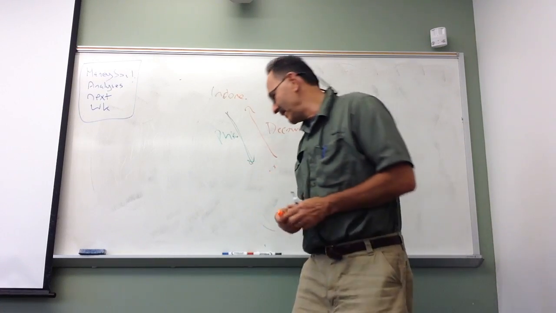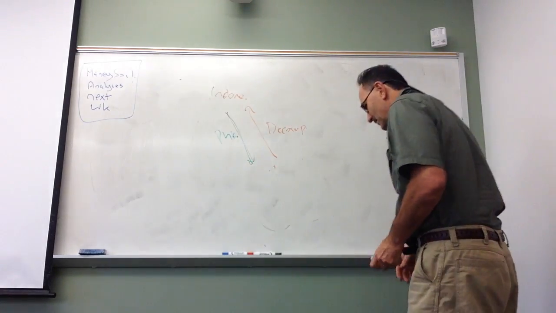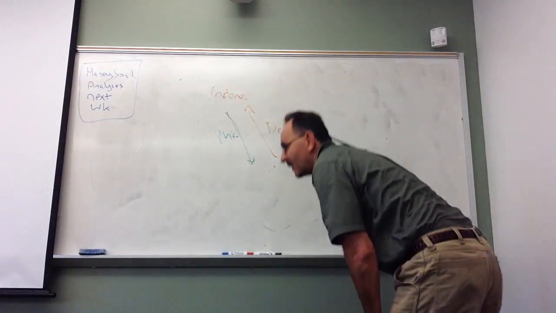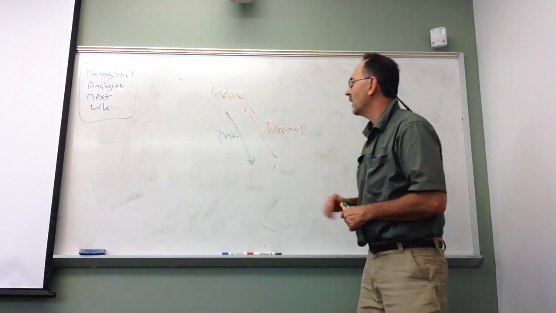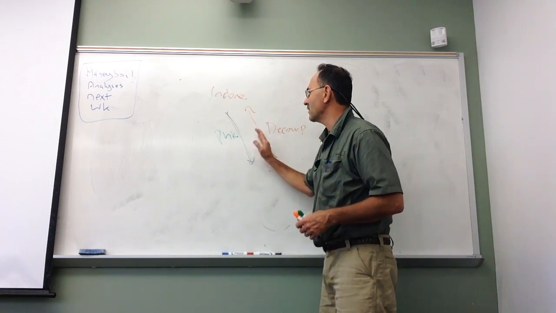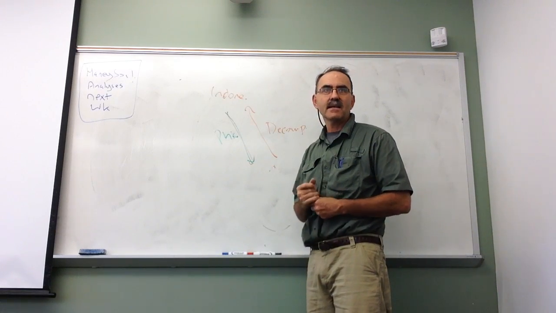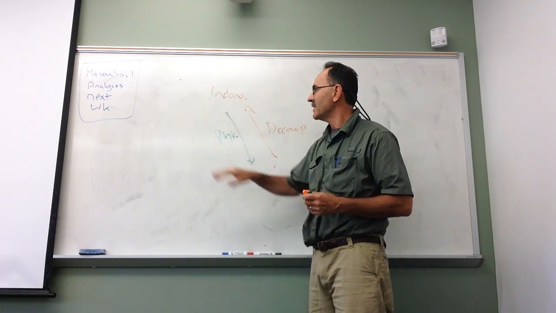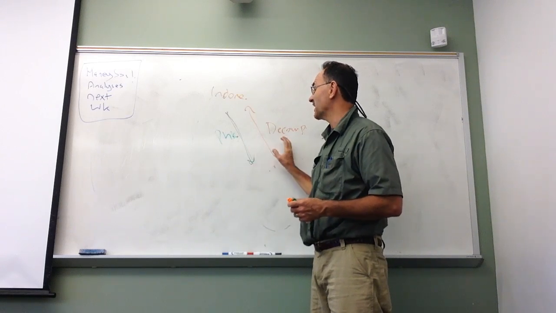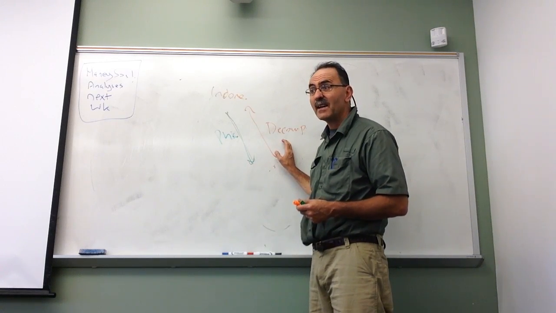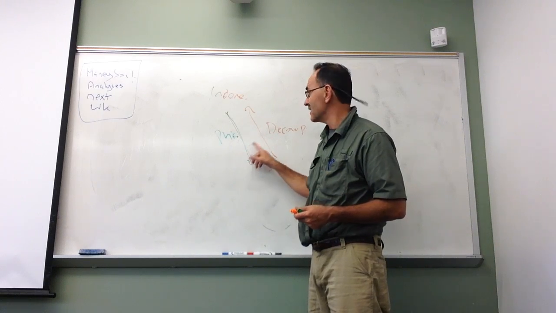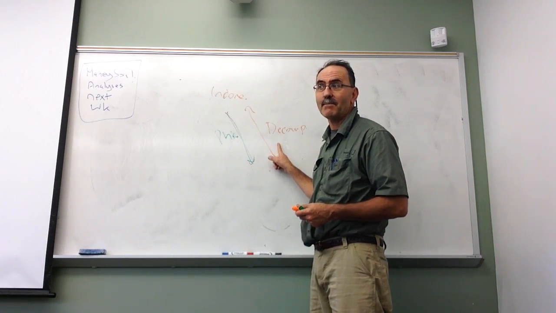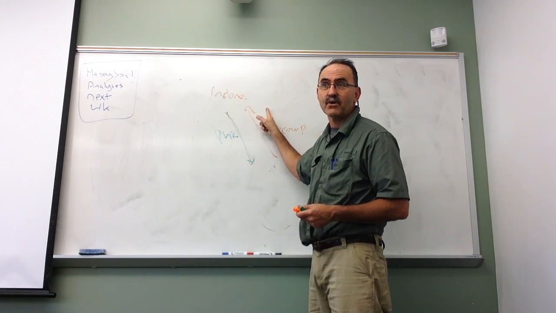So part of our being able to manage ecosystems, however small, it might be as small as the garden or it might be a national park, we want to understand these processes. For instance, in the winter, we're not going to see much of this, and actually we're not going to see much of this. In spring, before we see a lot of photosynthesis, we see a lot of decomposition happening, mineralization of nutrients.